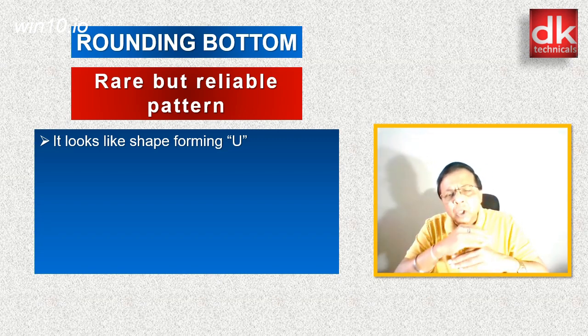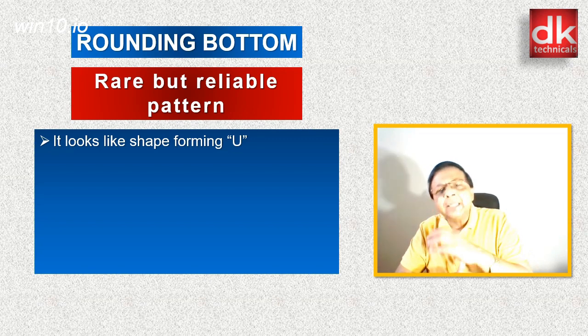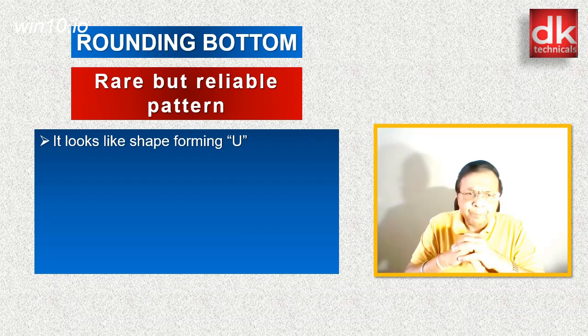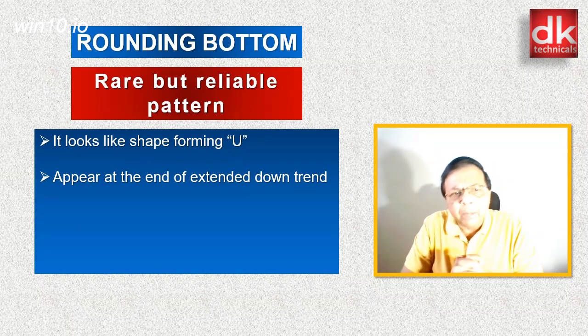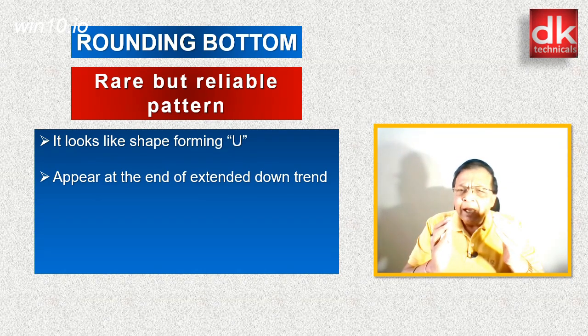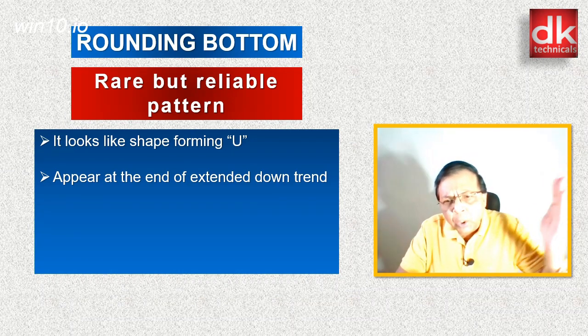The U shape, the rounding shape, indicates a little consolidation at the turning point of the market, where the market stops making lower lows and consolidates a little bit in a narrow band. So friends, it looks like a U shape and hence it's called rounding bottom. It appears after an extended downtrend.